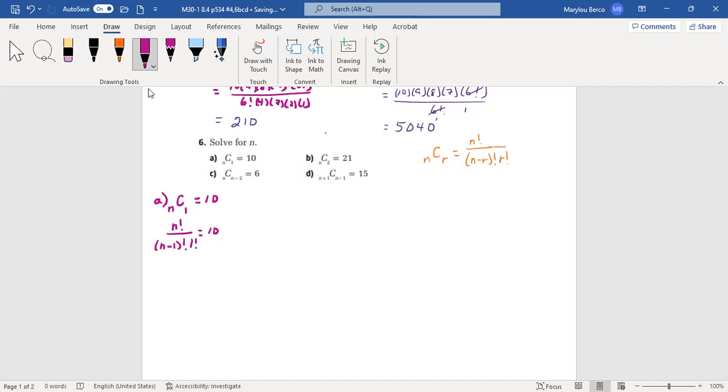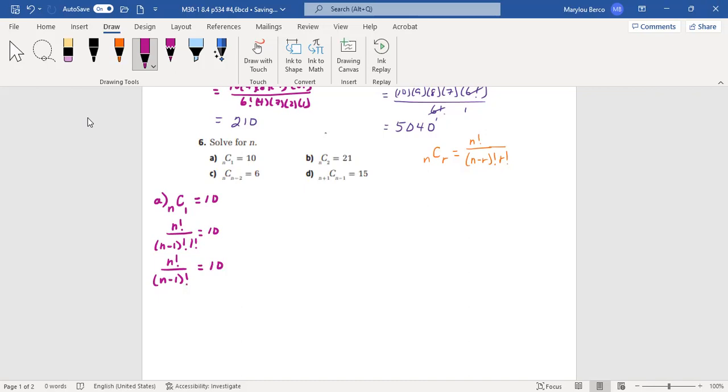I'm just cross multiplying with that one, and we end up with n factorial over n minus 1 factorial equals 10. Now remember, we simplify the larger of the two terms. n factorial is larger than n minus 1 factorial. If n was 5, it would be 5 factorial, and on the bottom 5 minus 1, which would be 4 factorial. So n factorial is definitely larger.